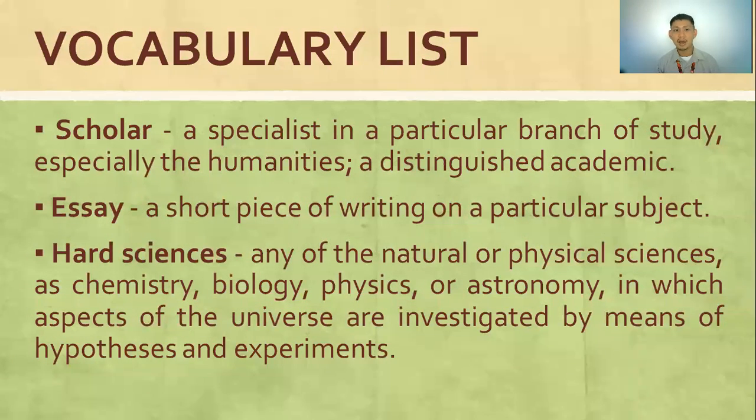Okay, so let's talk about first the vocabulary list. We have three things. First is scholar. When we say scholar, this is a specialist in a particular branch of study, especially the humanities, a distinguished academic. Scholars are the group of people who are fond of doing academic writing, especially reports about several things.